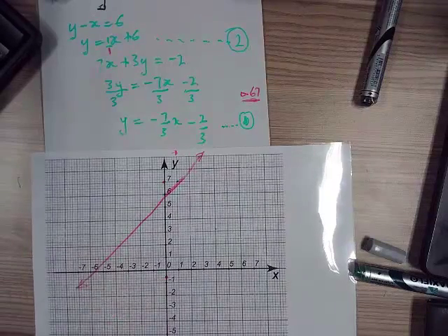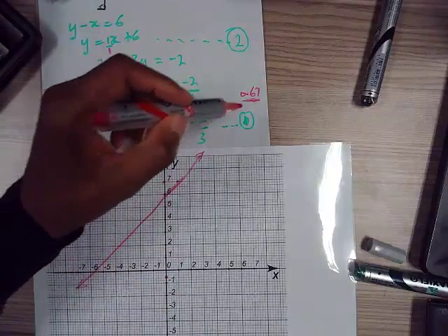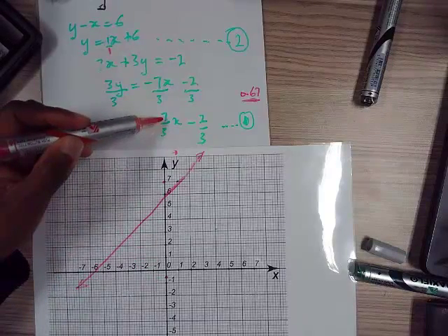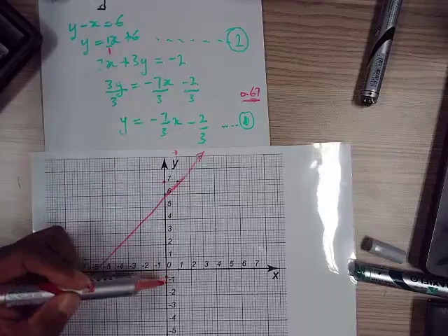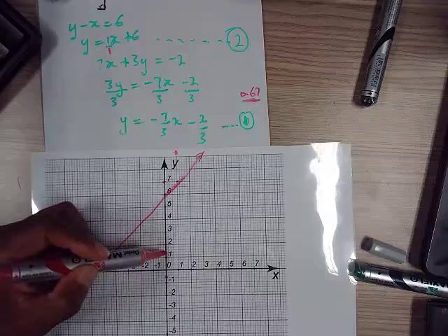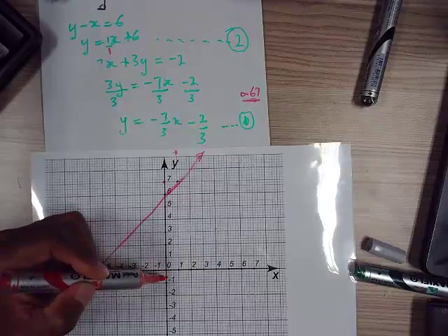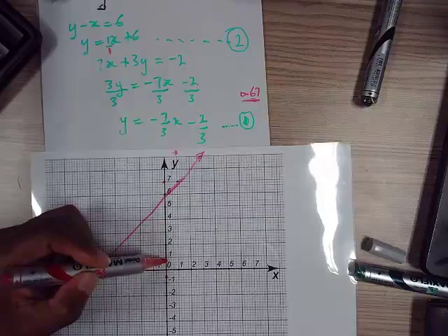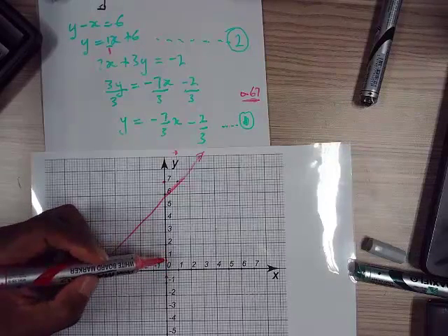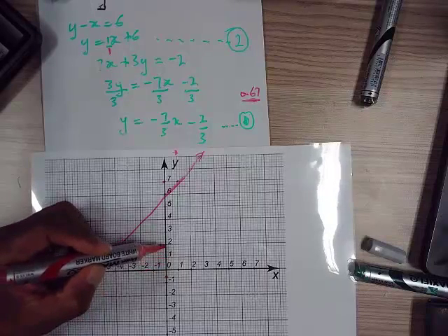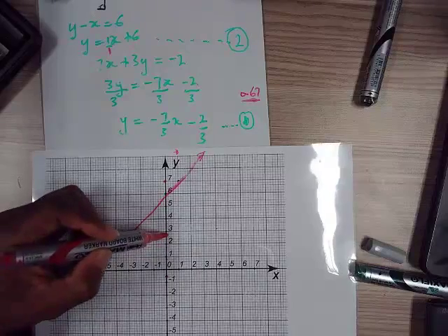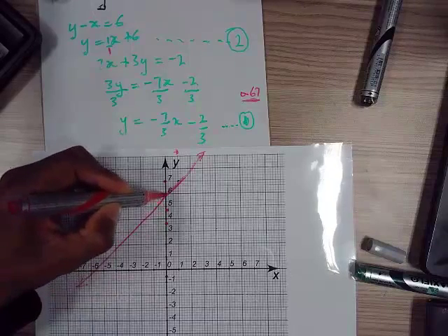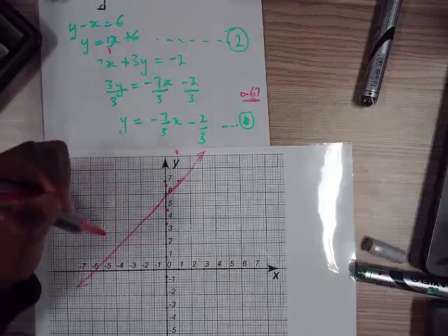And the second one, you go 7 times up. 7 times up, it's 1, 2, 3, 4, 5, 6, 7, just underneath that.